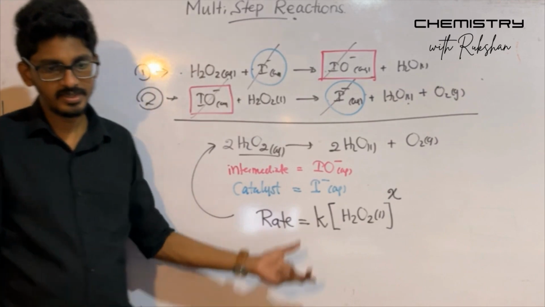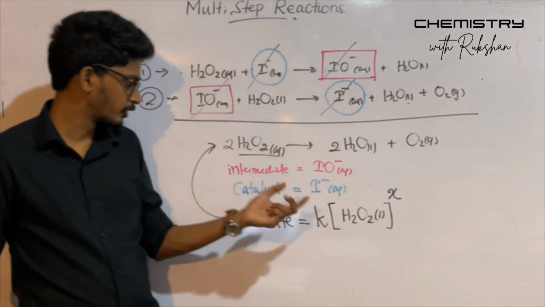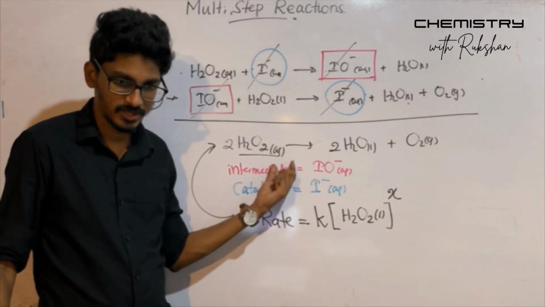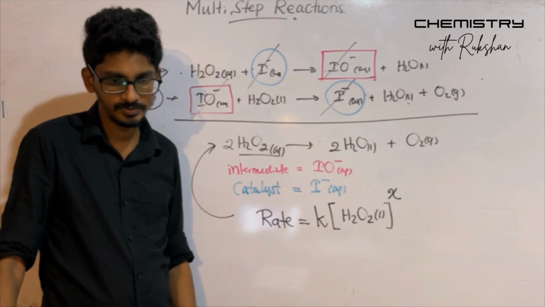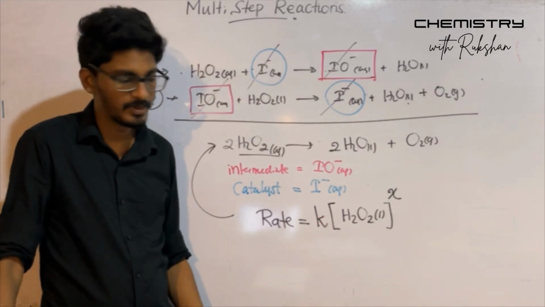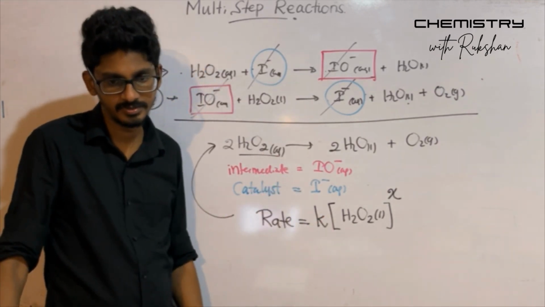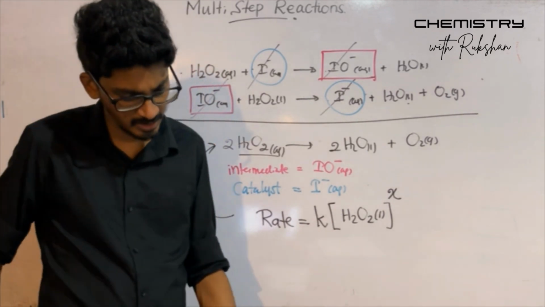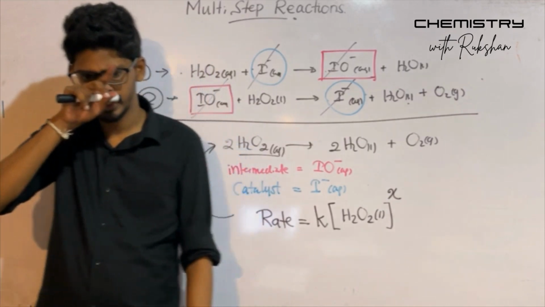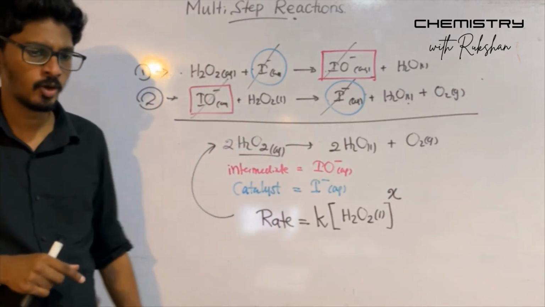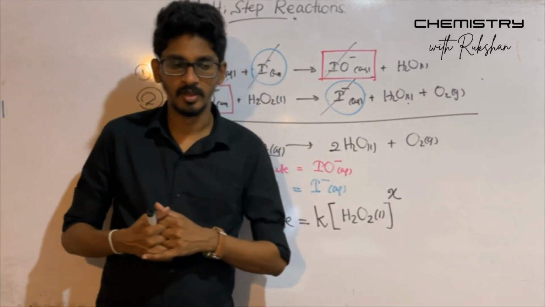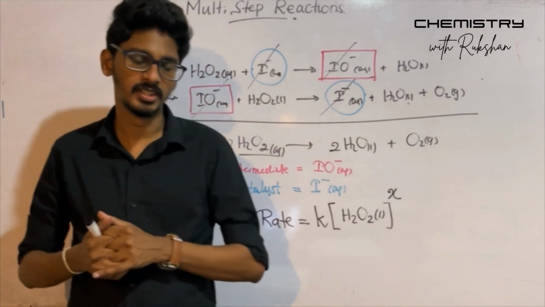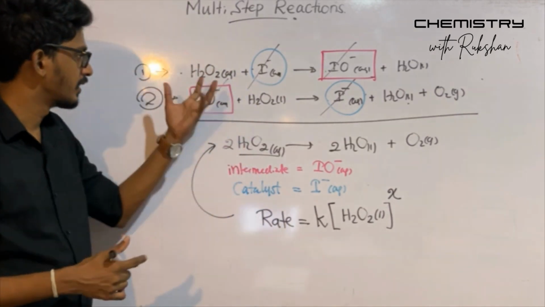You won't see the appearance of intermediates or the catalyst in the rate law. Got the idea? That is all the idea we had to gain from the first 4 rules of catalyst. That is the first example.